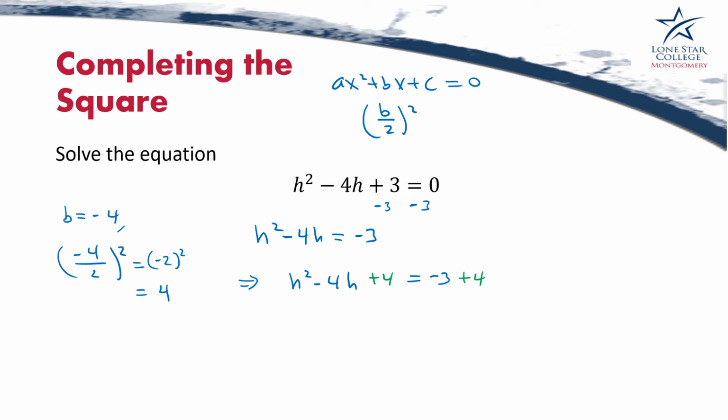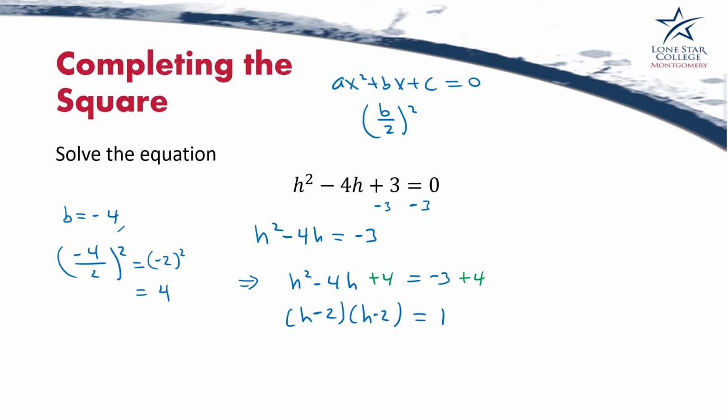Now that we've completed the square, we can factor. On the left, you can factor h squared minus 4h plus 4. You think of two numbers that multiply to positive 4 but add up to negative 4. They would both have to be negative 2. And on the right, negative 3 plus 4 is just positive 1.